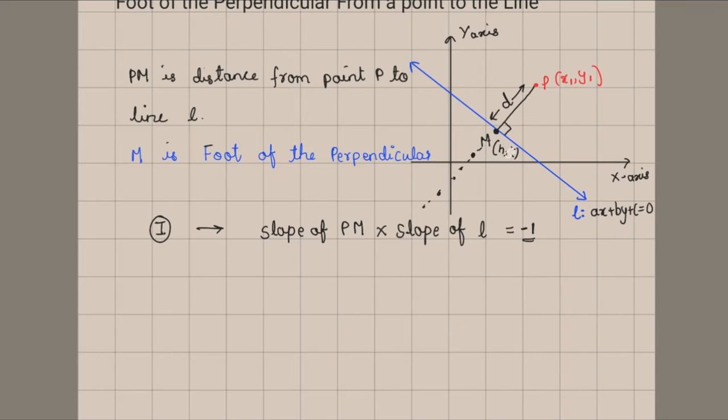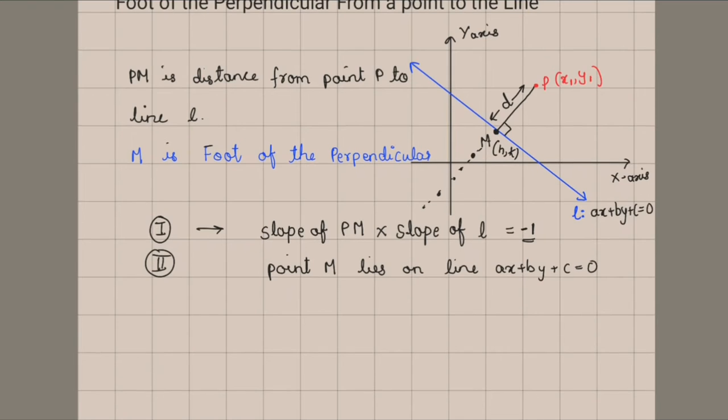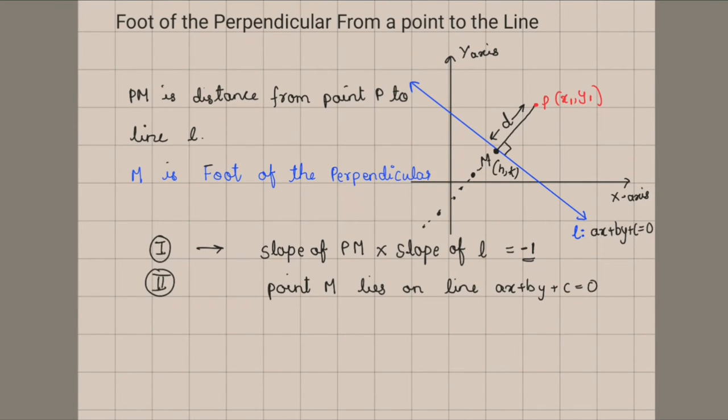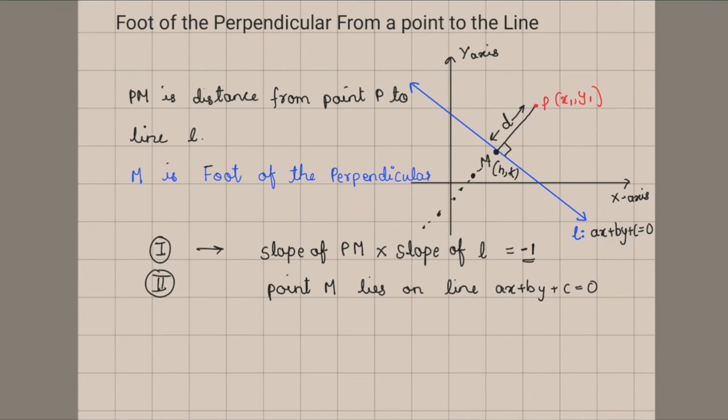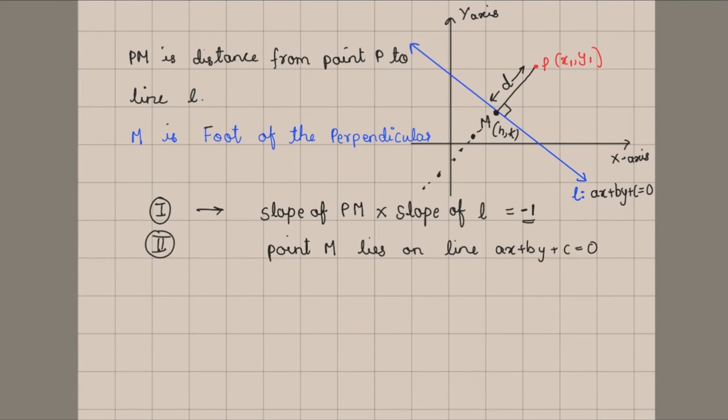This point M lies on the line L. That is the second condition: point M lies on the line ax plus by plus c equals 0. So this is the unique feature of M. So we got two equations. If you solve these two, we get M. Pause the video and please try it out. If you still didn't get it, watch the video.